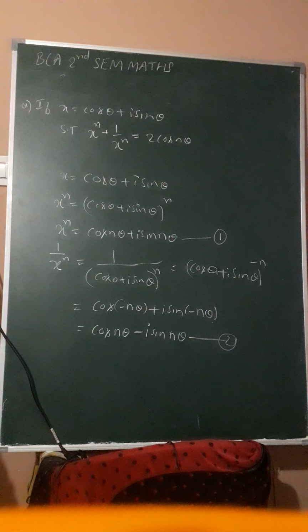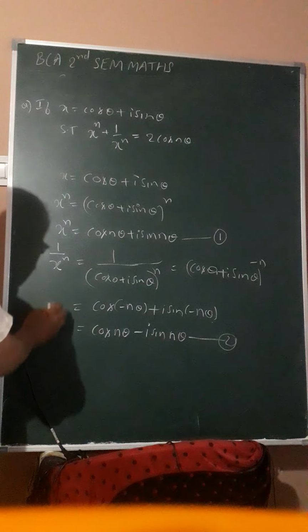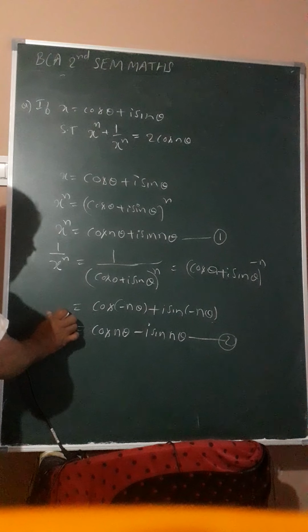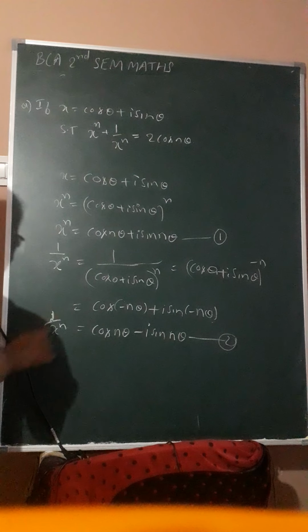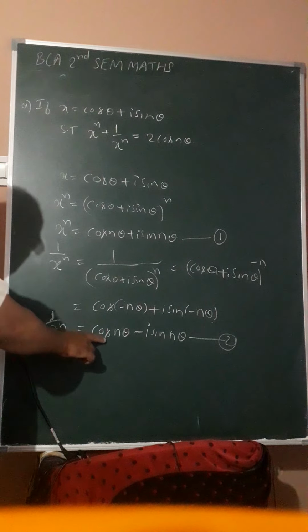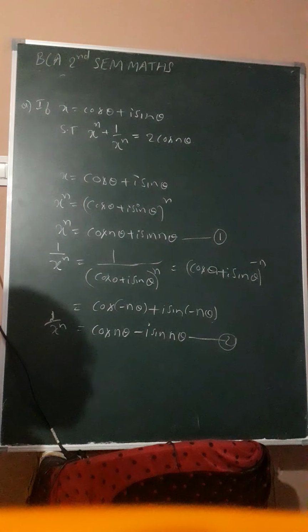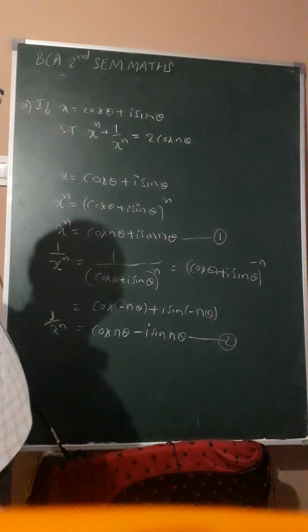What is the value of this? 1 by x to the power of n is equal to cos n theta minus i sin n theta. Adding equation 1 and 2.